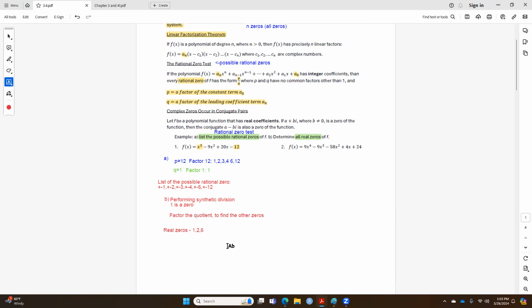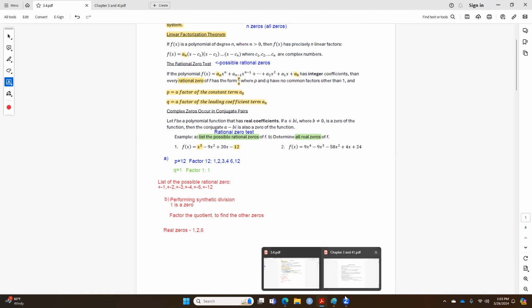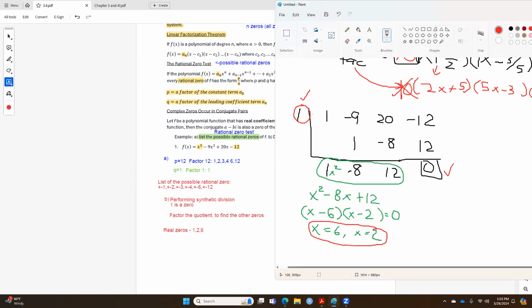So this is your answer for question B. So 1, 2, and 6. Again, the order is not important. Some students ask if they can do 6, 2, 1 or 6, 1, 2. The order is not important as long as they're all in there. Okay, so make sure these are the answers for this case.